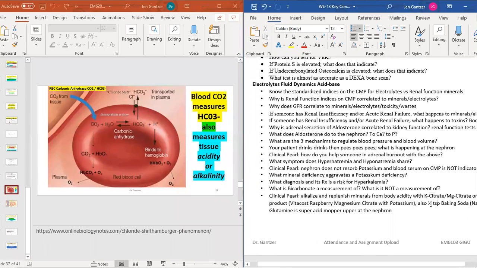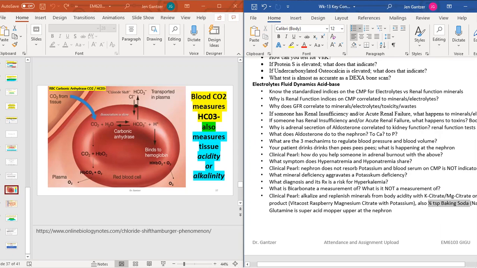And you can also use baking soda, which is sodium bicarbonate, to achieve the same alkalizing benefit. However, go with a low dose, because if you go higher than a quarter teaspoon at a time dissolved in water, it can cause significant bloating in the belly, and it's uncomfortable.